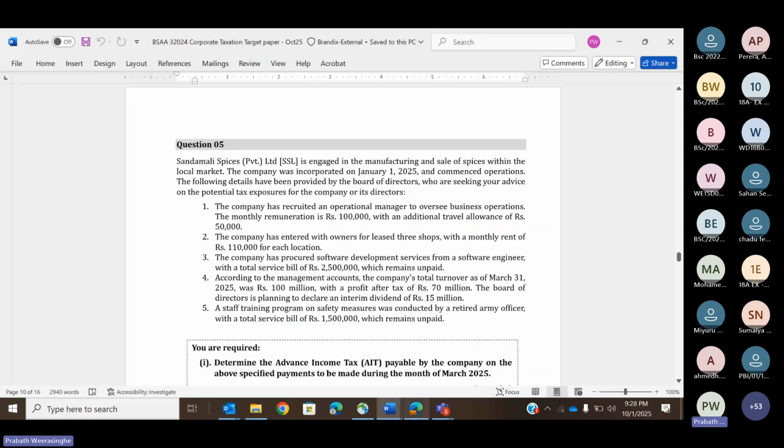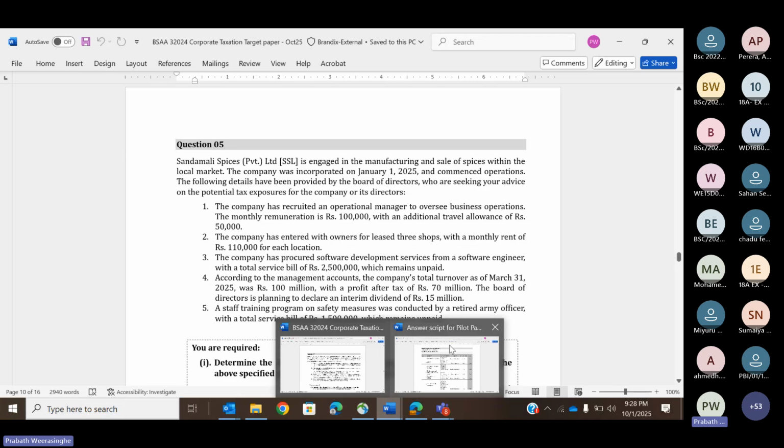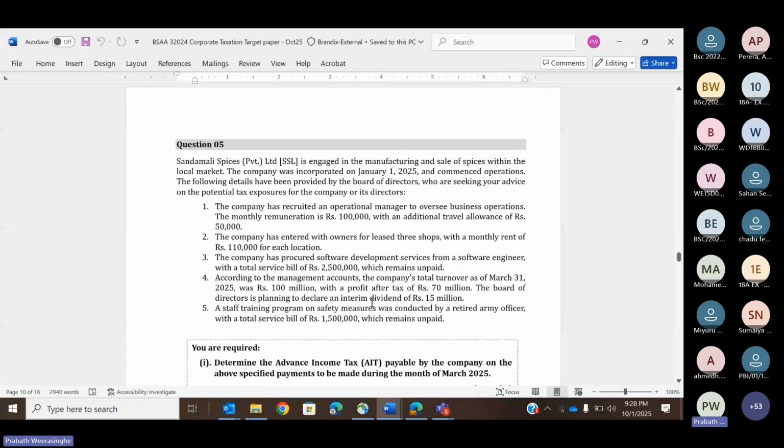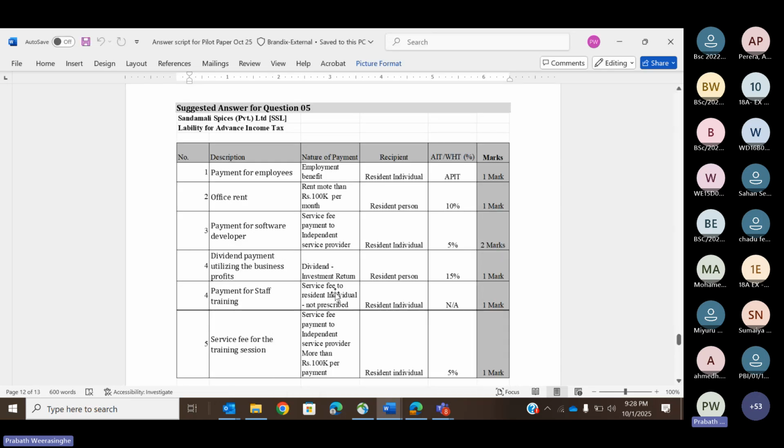Then software developer charges. In this case the individual person providing the software development service is given as a hint. For that payment, software developer service payment to an independent service provider, that is a prescribed independent person, resident individual, is 5%.